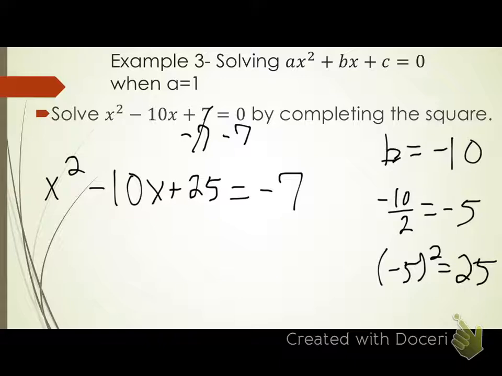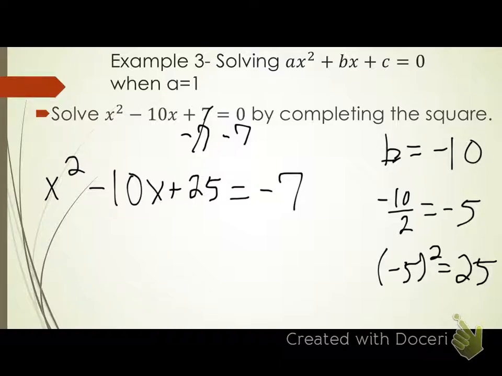Now, can someone raise your hand and tell me what an equal sign means? What equals what? The left side of the equation equals the right side of the equation, right? It means they're the exact same.